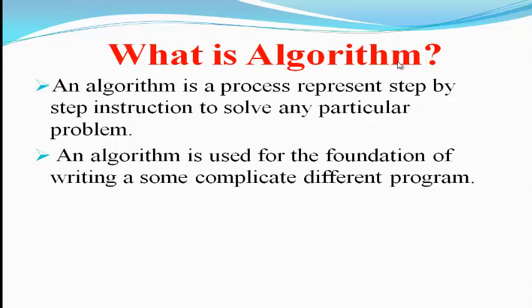It means again, when we write any kinds of program on the computer, at that time we have to first write algorithm, and based on the algorithm we have to create or perform our task very easily. When we write an algorithm, it perform step by step instruction and execute it when we run it.